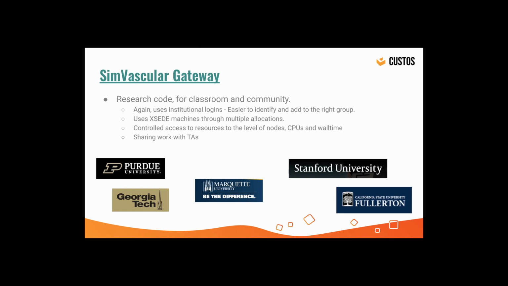This particular gateway provides for both research and educational uses. So when it comes to both classroom and community, they wanted to make sure the gateway would be usable by different institutes or different universities and also different user groups.